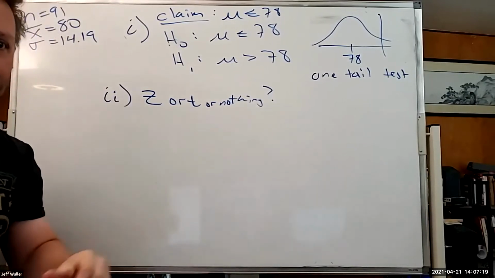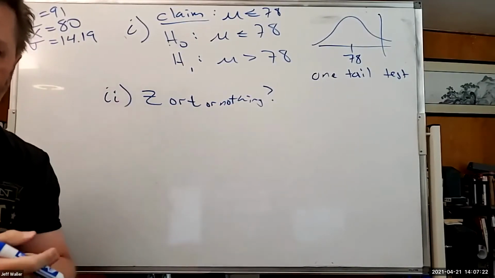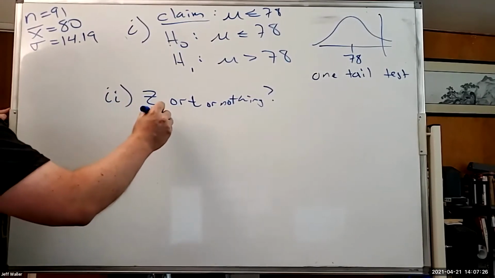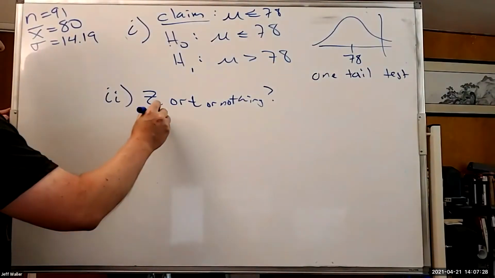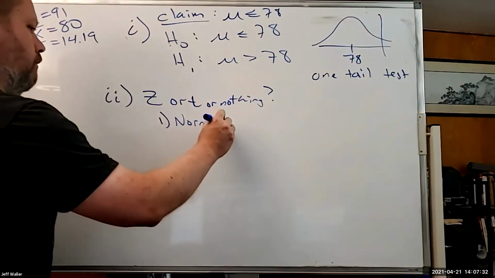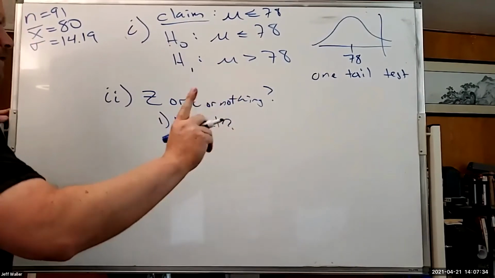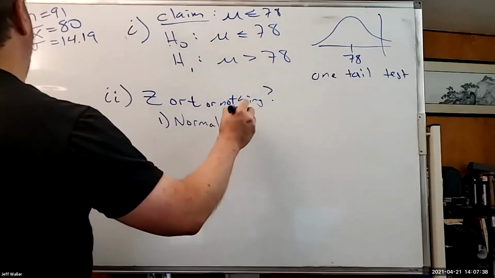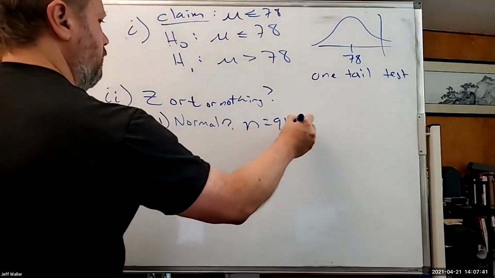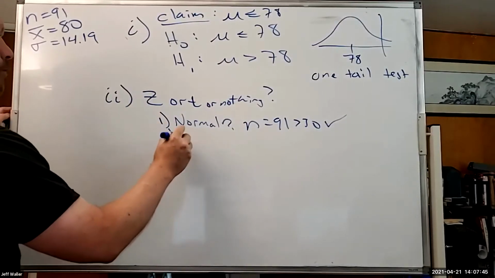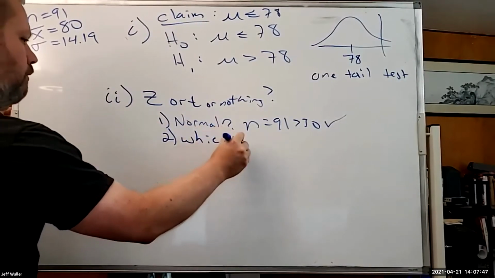Did I say it was normal? Nope. But is it normal? N is greater than 30. There it is. 91 is greater than 30. Check.